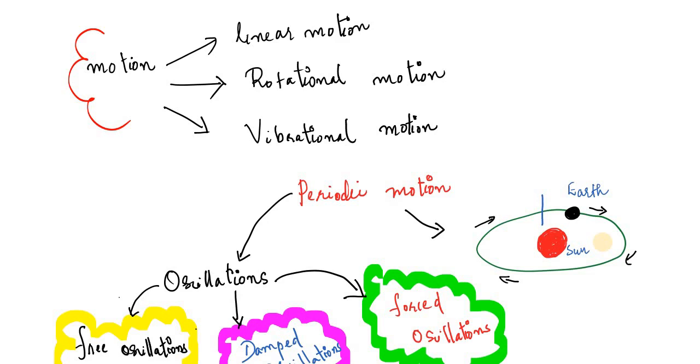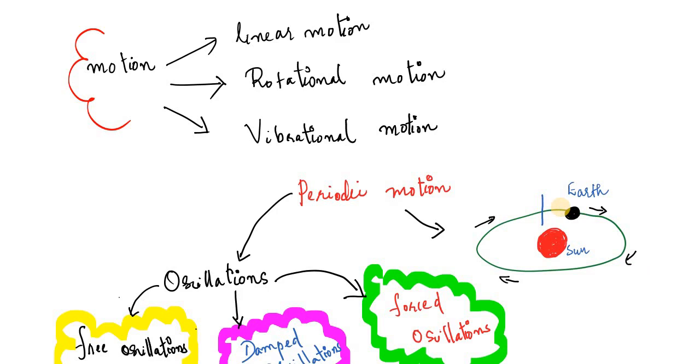Similar to it, suppose we have a body which is moving in such a way that after a fixed time interval, it repeats, similar to the case of the Earth and the Sun. With a reference point, we can see that after every 365 days, Earth is crossing that particular reference point.